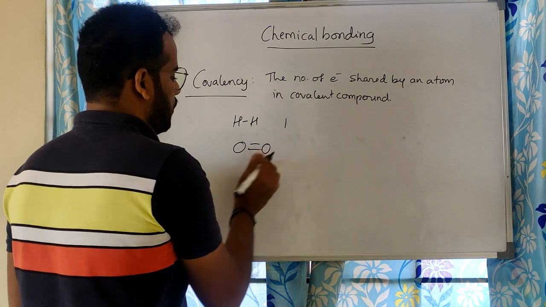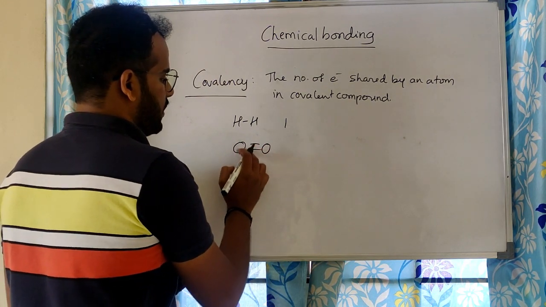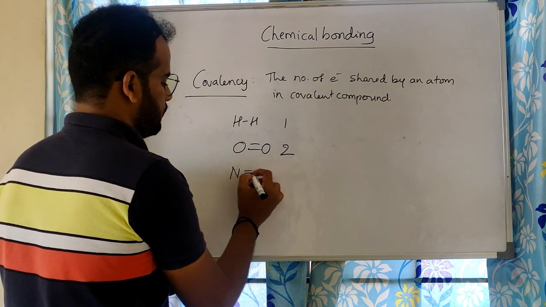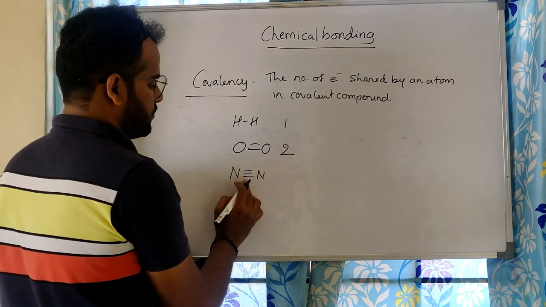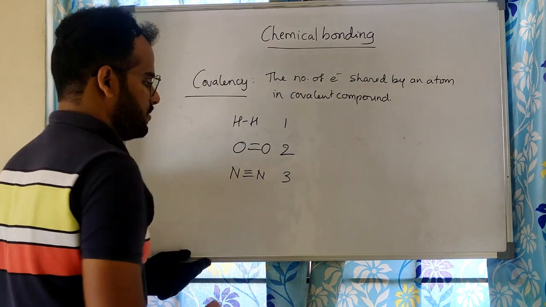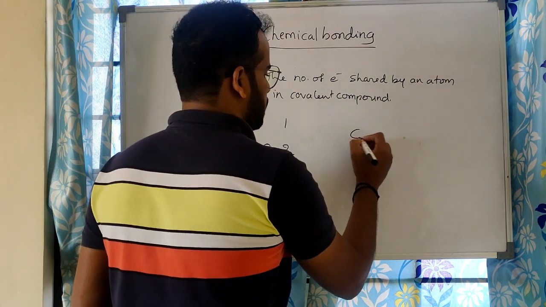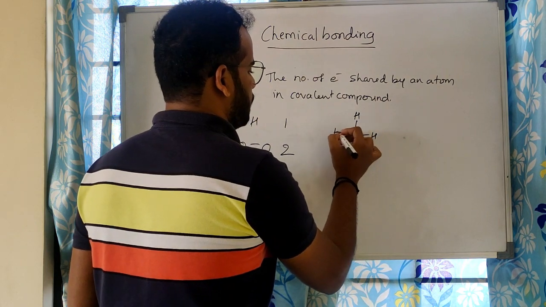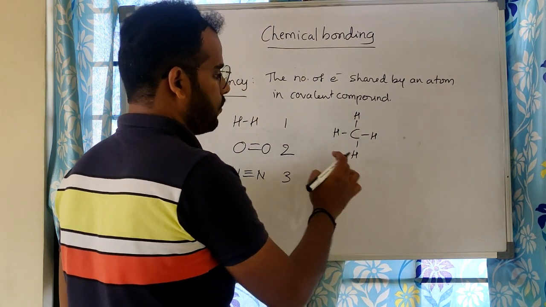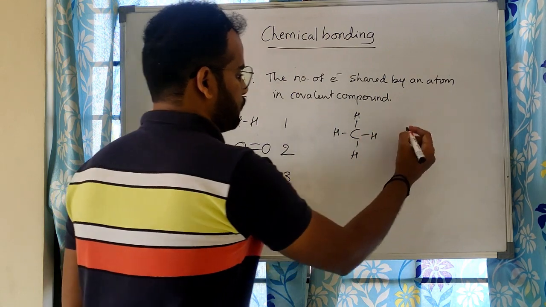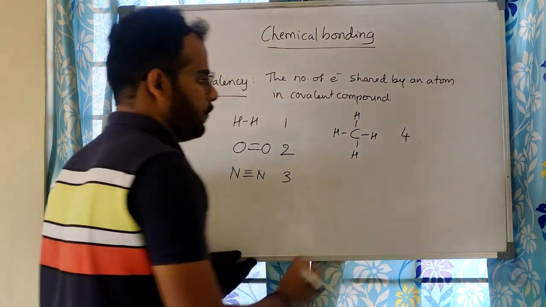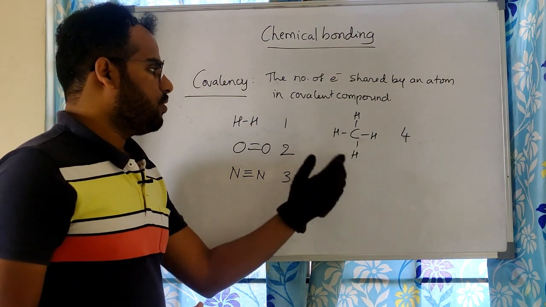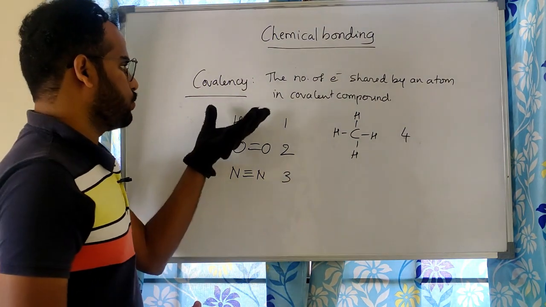Oxygen, 2 bonds, so both are sharing 2 electrons, therefore covalency is 2. Nitrogen, 3 bonds, so the covalency is 3. Carbon, if you take methane, it has 4 bonds, means it is sharing 4 electrons, so the covalency of this is 4. So it is nothing but the number of covalent bonds around the given atom, that will be its covalency.